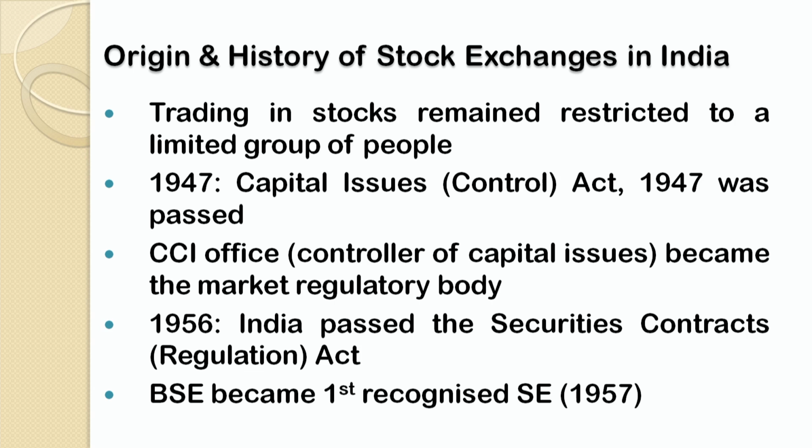Now, in 1956, the central government passed SCRA 1956, that is the Securities Contract Regulations Act 1956. What was the basic objective behind passing this particular Act? The government clarified that from 1956 onwards, all the stock markets were going to be granted legal recognition if they fulfilled the provisions stated under SCRA 1956.